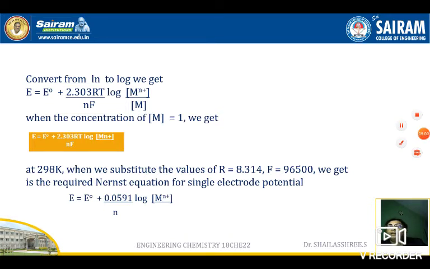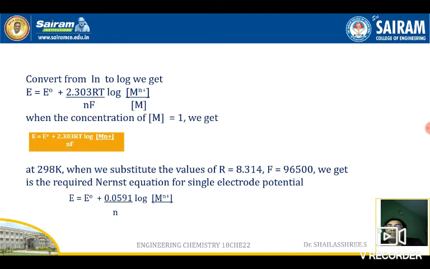Okay, this is the term we get. And when the concentration of M is at unity, then we get E is equal to E naught plus 2.303 RT by nF log of Mn+. Okay, this equation will be used to calculate the potential where the temperature is given as something other than normal room temperature.